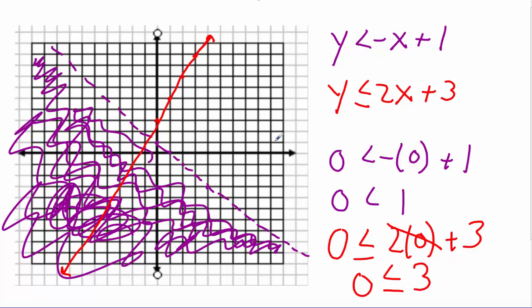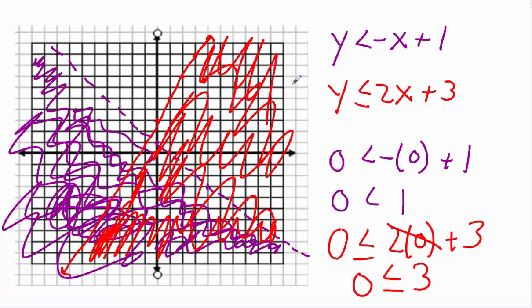Now we need to ask ourselves, is that a true statement? Is 0 less than or equal to 3? Yes, it is a true statement. Since 0, 0 is on the right side of our red line, and it was a true statement, we are going to shade on that side of the line. So if you look, I'm shading on the right side of the line.